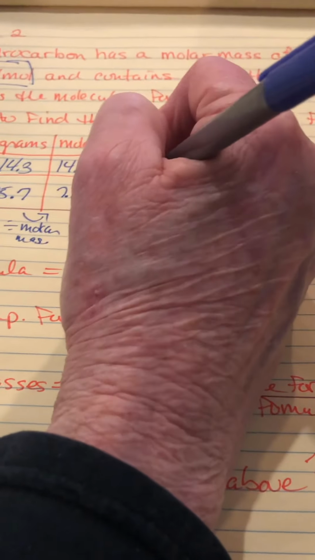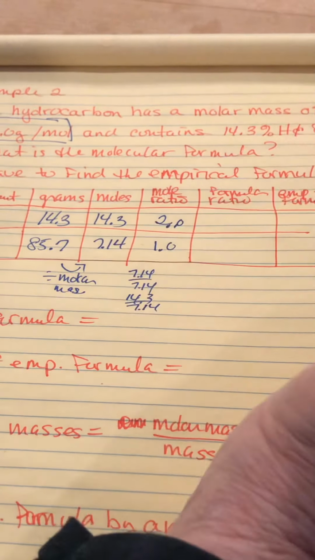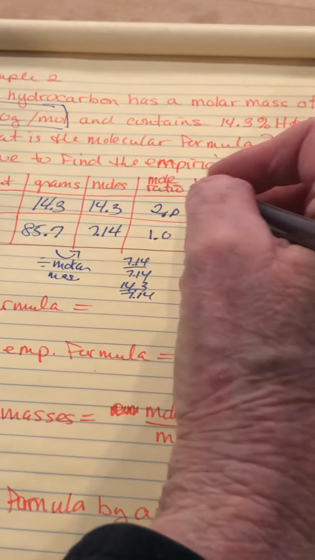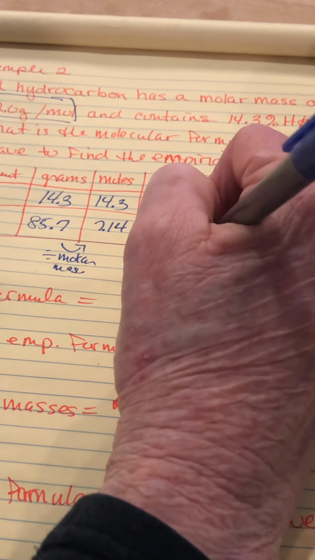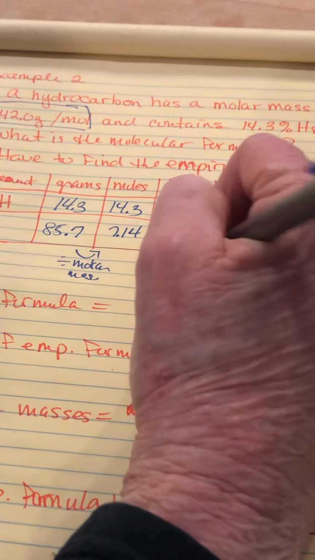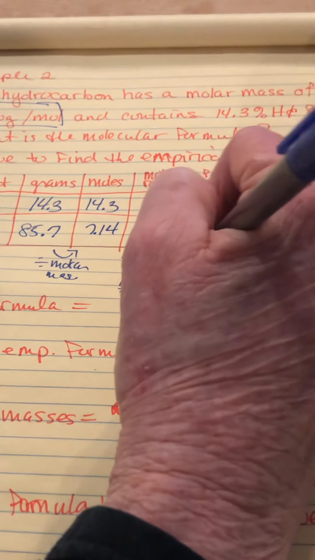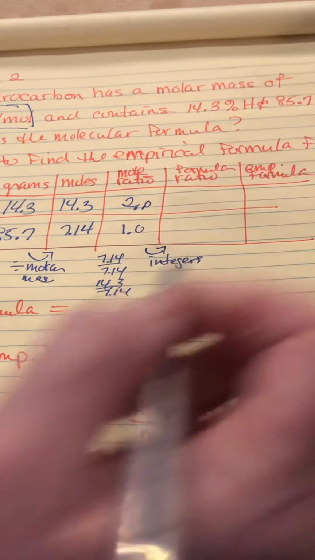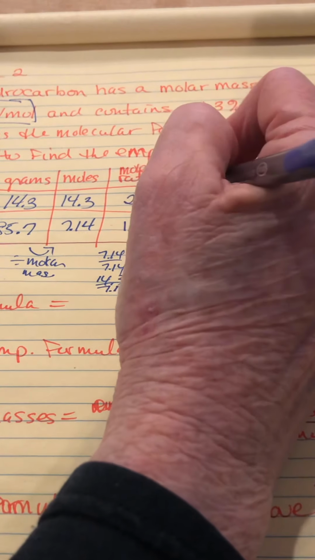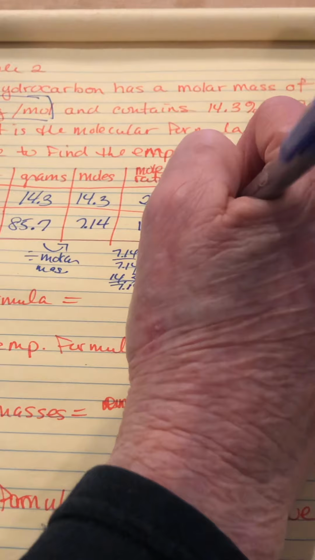Well, we can actually do it to 2 sig figs. That's pretty easy to make a formula from. I need to make these integers. And 2.0 is 2 and 1.0 is 1.